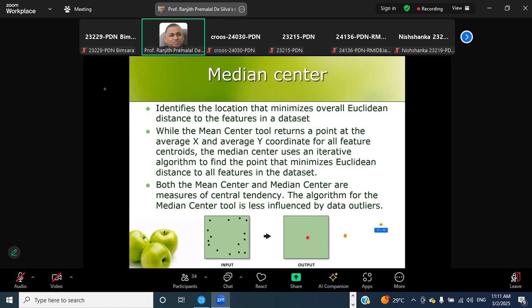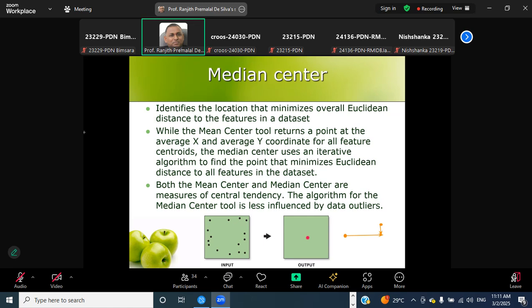And your distance is... the x distance is this and the y distance is this. So what the mean center minimizes, if you have a set of points, is the squared x distances plus squared y distances, and the summation of that.